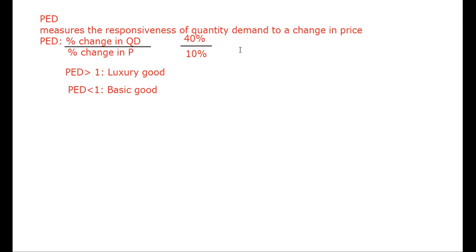The price of milk increased by 30%, and its demand has only decreased by 20%. 20 divided by 30 is 0.6, and 0.6 is less than 1.